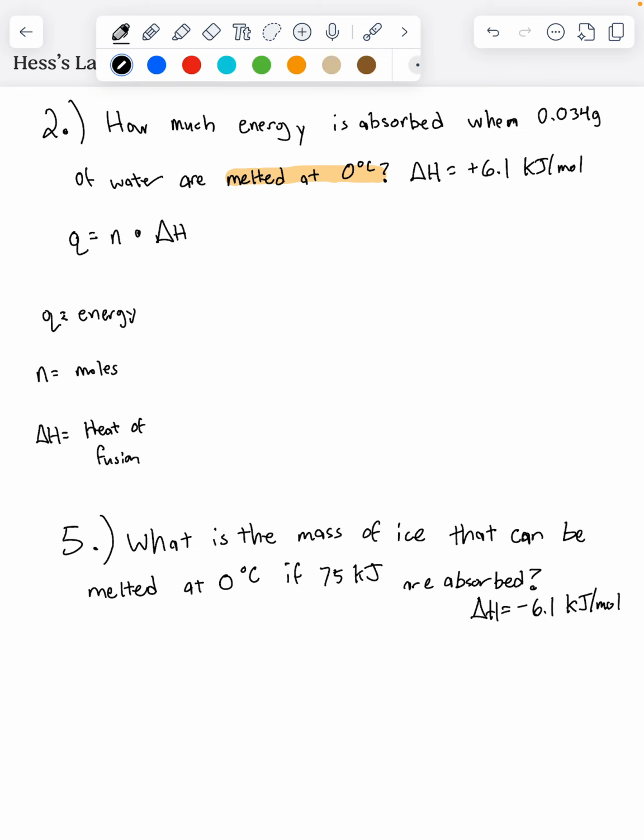So we can only use the equation I've got written right on the side, which is Q is equal to N times the change of H. Q being the energy, N being moles, and change of H being the heat of fusion or the heat of vaporization. So we write out our equation here. Q equals N times change of H, Q being energy, N being moles, and change of H being heat of fusion.